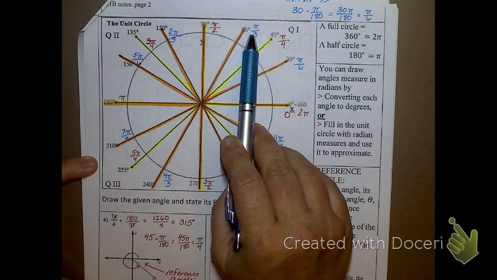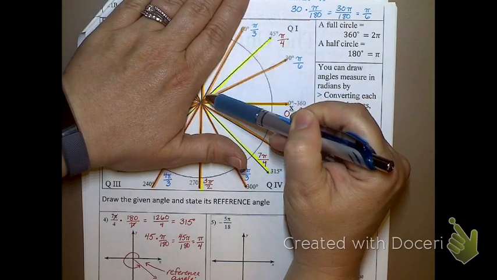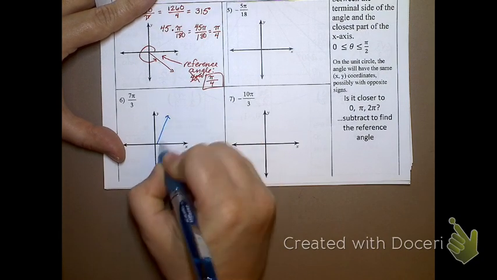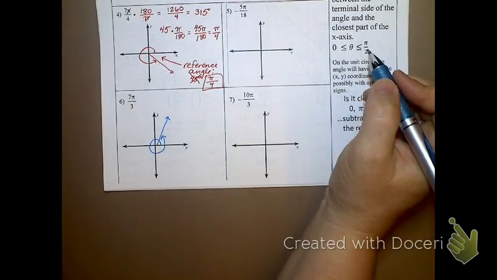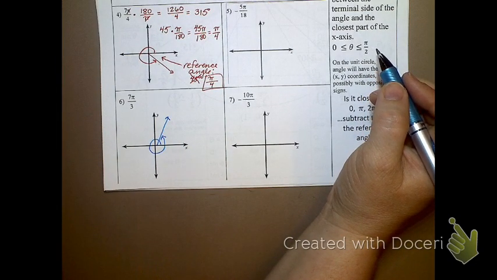Yeah? So 7 pi over 3 is coterminal with 60 degrees. So I now know that this goes like that. It's more than 1 revolution, and that's what 7 pi over 3 looks like. I didn't have to do any converting.